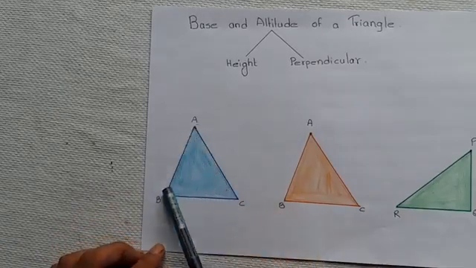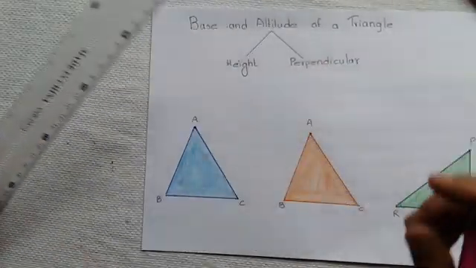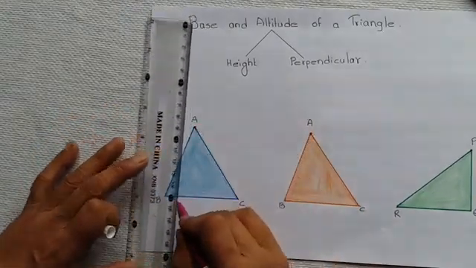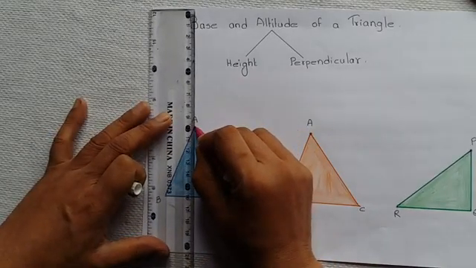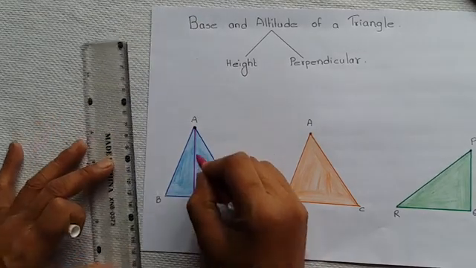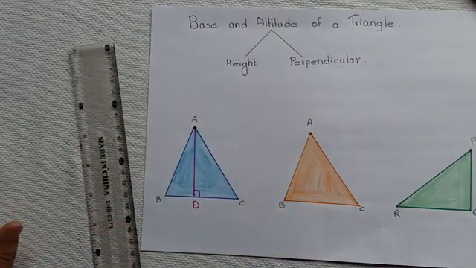Here I have a triangle ABC, and here we can see there is no line segment that is perpendicular. So if I draw a line segment from the vertex A to the line segment BC, like this, and it makes an angle of 90 degrees, then this line segment AD can be taken as a perpendicular.